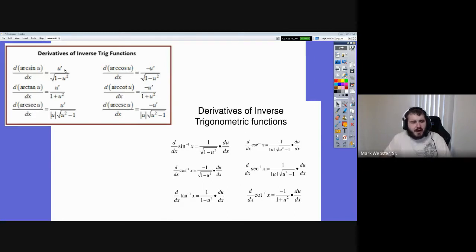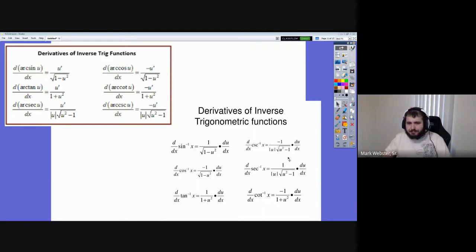On the other hand, I don't really like the u prime notation that this one uses. I much prefer the du dx notation that they have here. But it's still the same thing. You like one, you like the other, you do the correct math, it's going to be the same work. Basically, the way it goes is, you figure out what's on the inside of the arc trig function, and then you take the derivative of that.